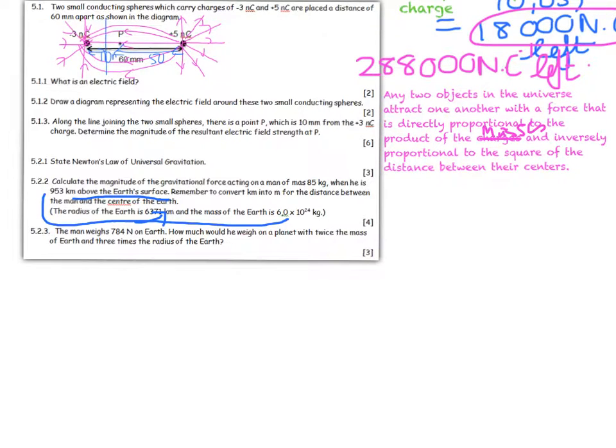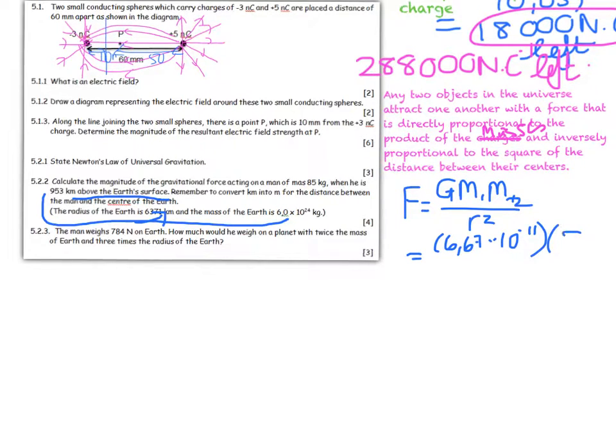So first I'm going to just go F is equal to G M1 M2 over r squared, 6.67 times 10 to the negative 11. The mass of the man was 85, and the mass of the Earth is 6 times 10 to the 24.